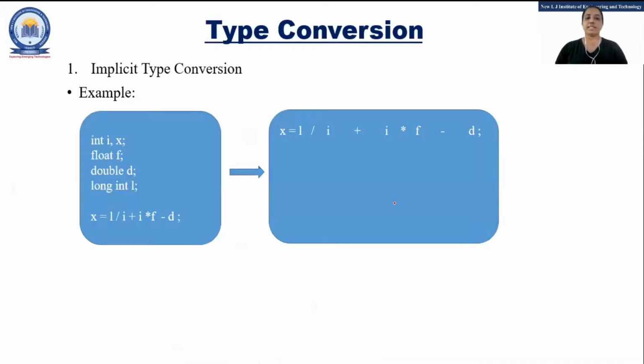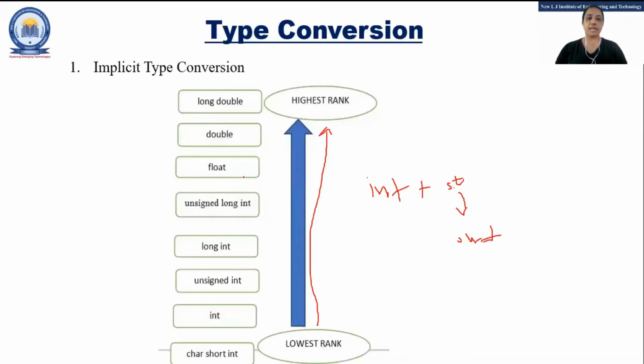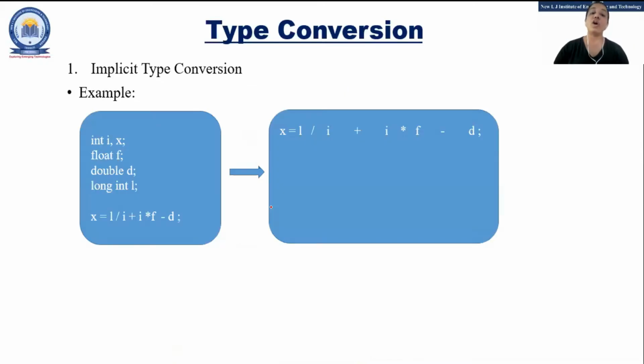Okay, the next thing is implicit type conversion. We are seeing an example of this now. Here you can see some variables I have taken and their data types.